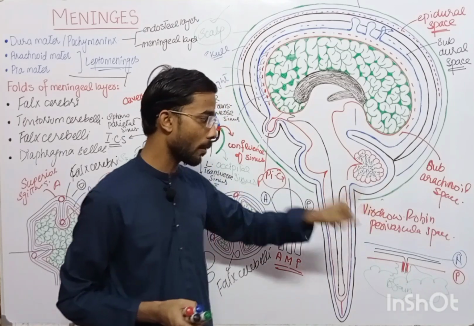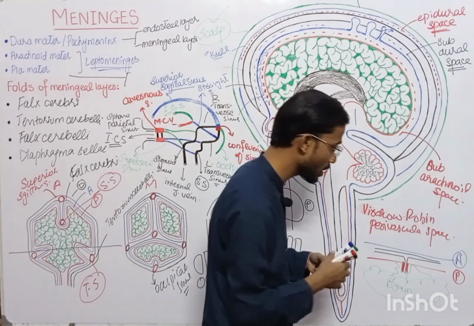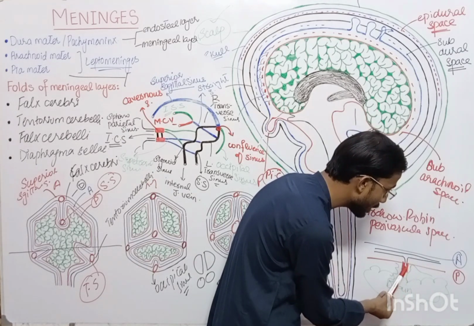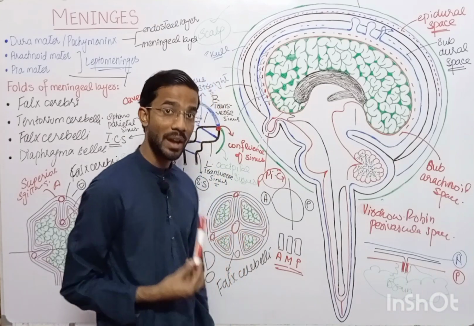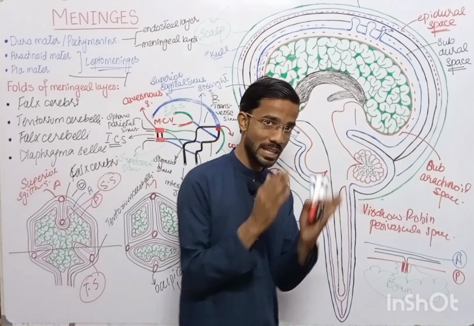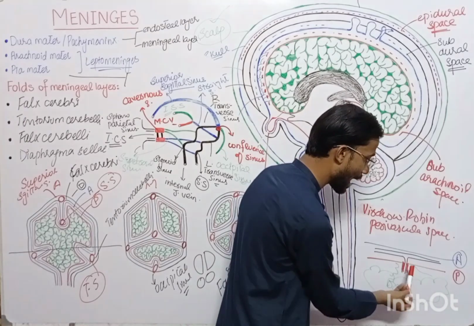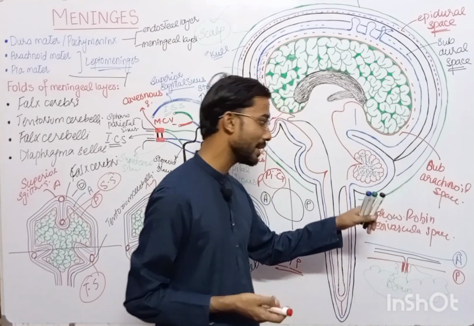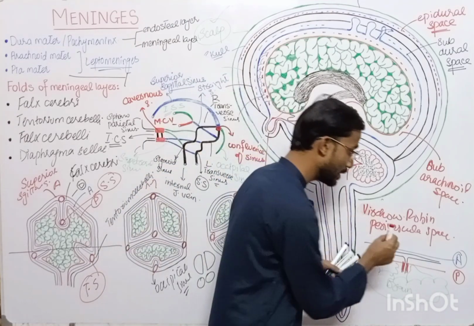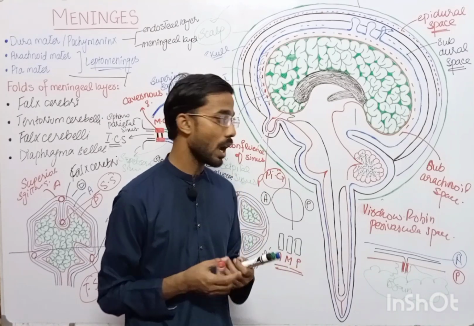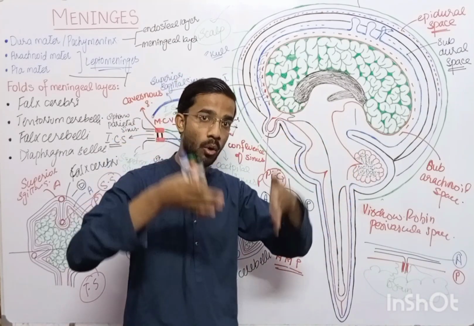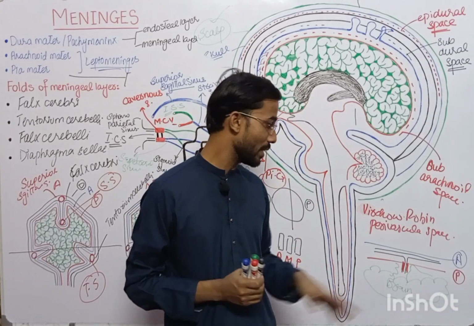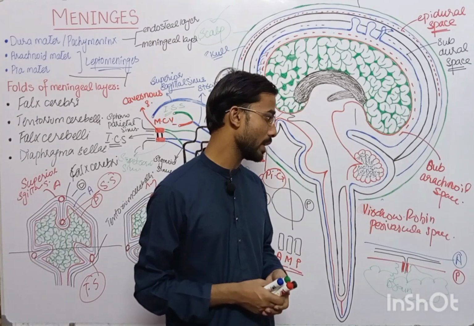So the Virchow-Robin perivascular space is that space which is present between the brain and the veins of the blood vessel. These veins, the blood vessels, carry pia mater along with them, and the space which is created between the brain and the vein of the blood vessel is called the perivascular space.